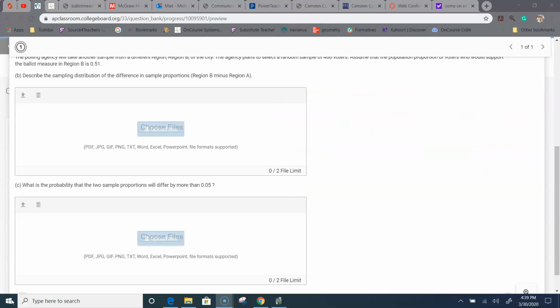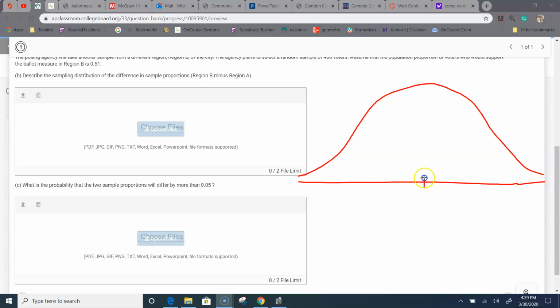Okay, and then finally for the last part, what's the probability that the two samples will differ by more than 0.05? This is kind of tricky, right? So we expect their difference to be 0.04, right? Now, they could differ by 0.05 up here. Okay, when I subtract them, and this is obviously the more likely thing that can happen.